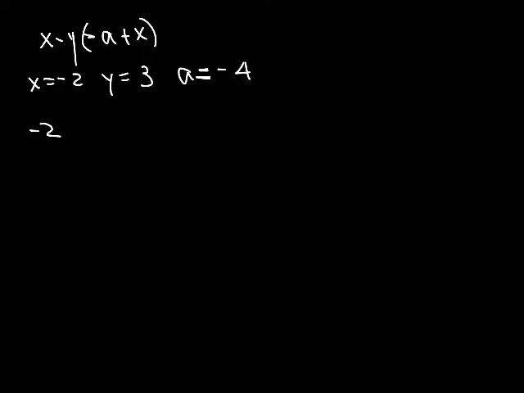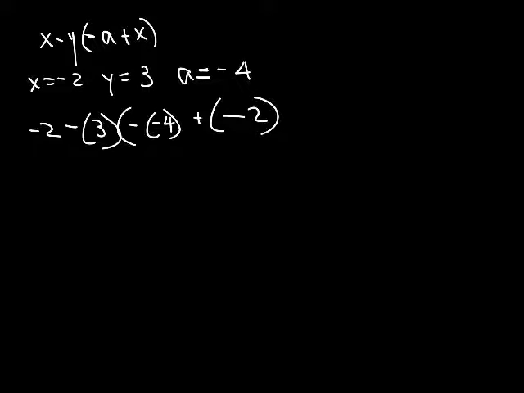Negative 2 minus 3 times negative 4, because a is negative 4, so this negative right here is right there, plus negative 2. Okay, I notice I have a double parenthesis. I guess I could have used a bracket instead of the parenthesis there, just to keep things a little less confusing.